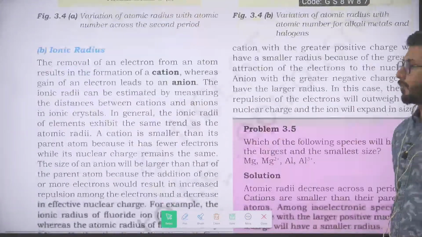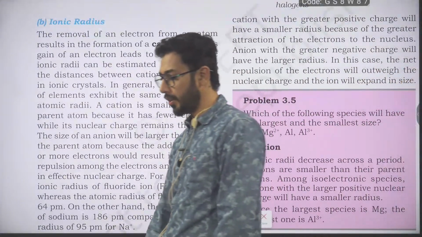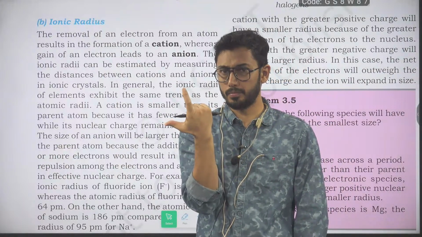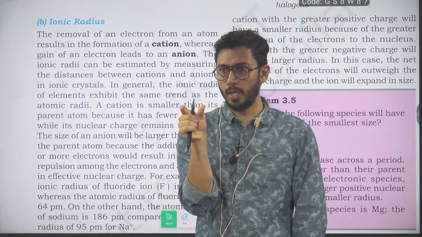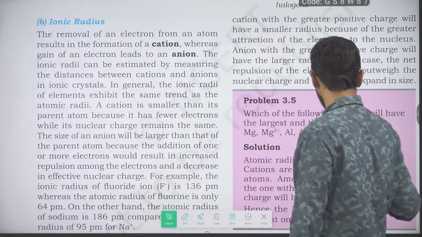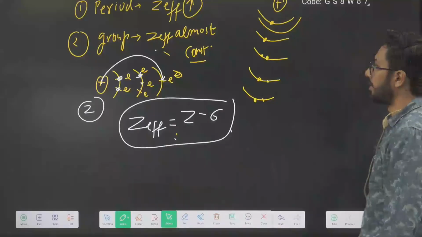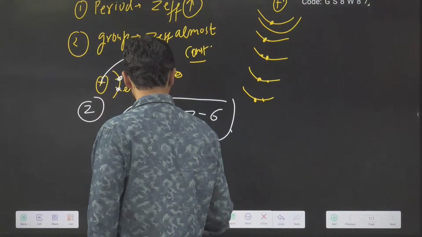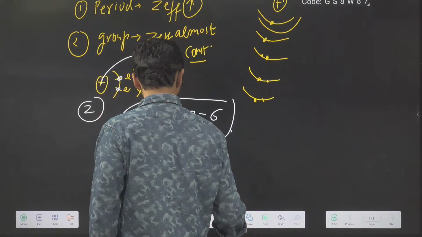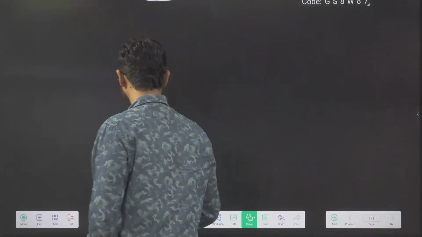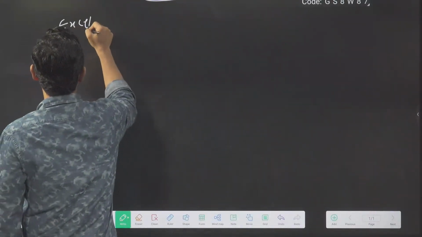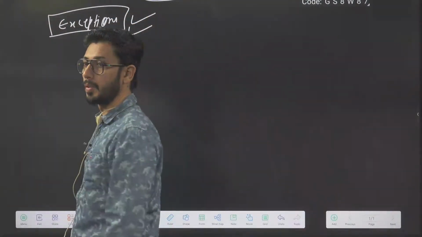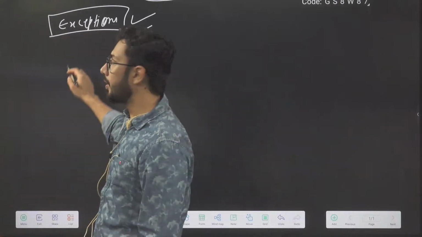Then what about the example of the 3D series exception? In the 3D series, scandium, titanium, vanadium: left to right it decreases, and in the middle it is almost constant. Done. Which exceptions have we done?